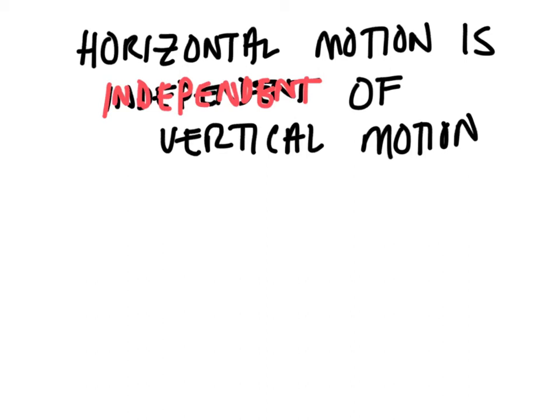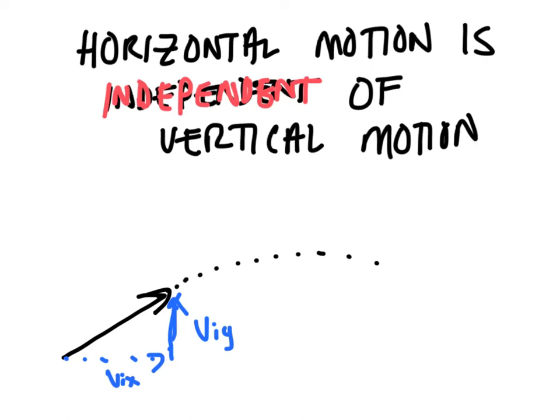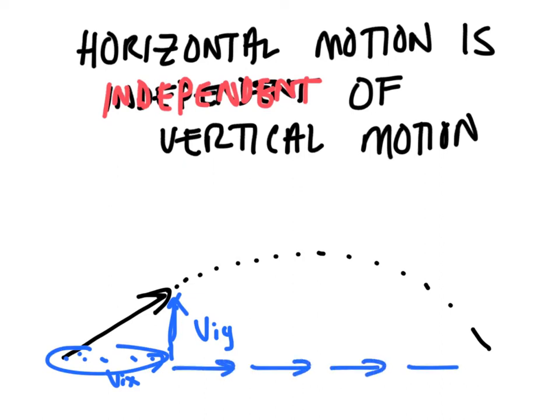It means that if I took any particular vector and I broke it into its x component and its y component, let's call this viy and this is vix, that as the object moves through its entire motion, this vix will not change. It'll be constant that entire time, whereas the viy will decrease as gravity slows it down and then increase again in the negative direction.